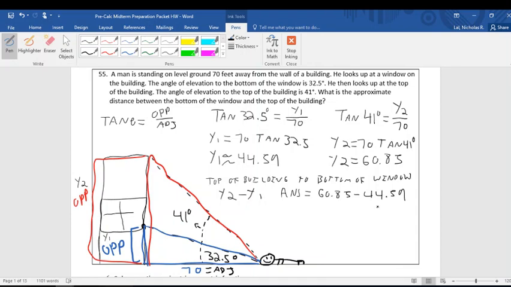Plug into a calculator, what do you get? 16.26 feet is going to be the distance from the window to the building top.